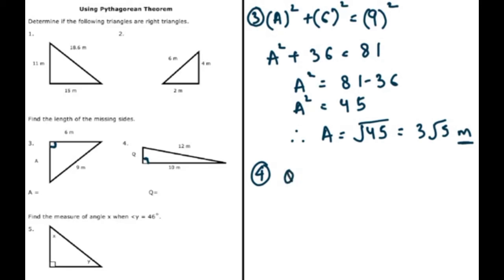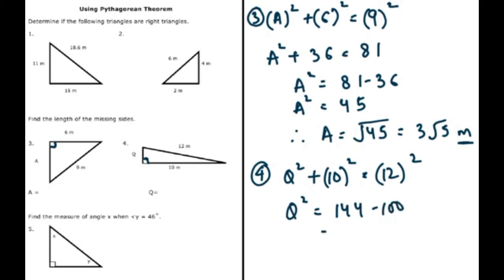So according to Pythagoras theorem, what you can write is, quickly we'll find the value of Q. Therefore, Q is going to be under root 44, or you can say 2 root 11 meter.